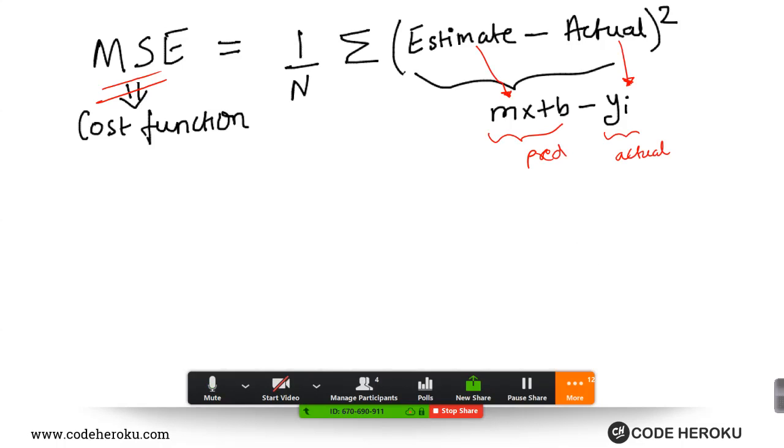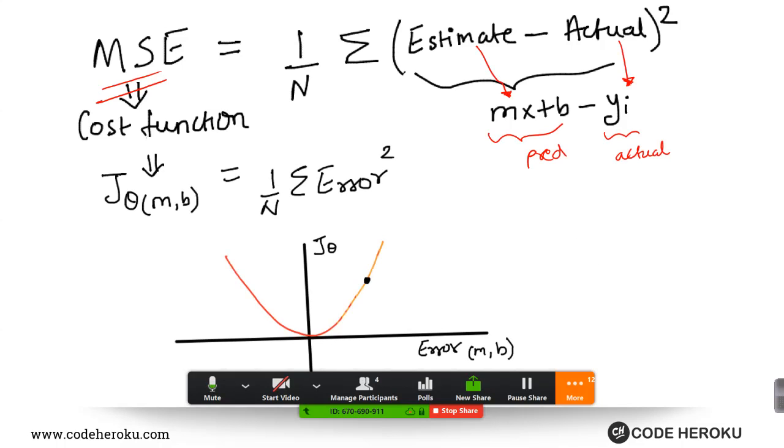Then we said you can also represent that in terms of a chart. The graph of the loss cost function would look something like this. For a random error, we'll get a point somewhere over here on the graph. And for this particular point, we are interested in whether we should move towards the left or towards the right.